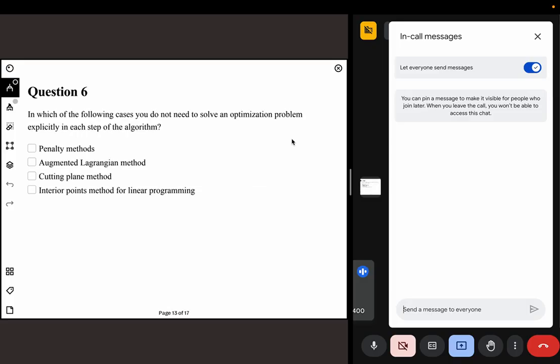Which of the following cases do you not need to solve an optimization problem explicitly in each step of the algorithm? So the whole problem is optimization, but even inside substeps, you do not have to solve a separate optimization problem. So in the penalty method, are we solving one optimization or multiple optimization problems?